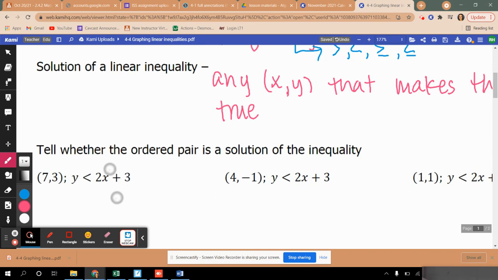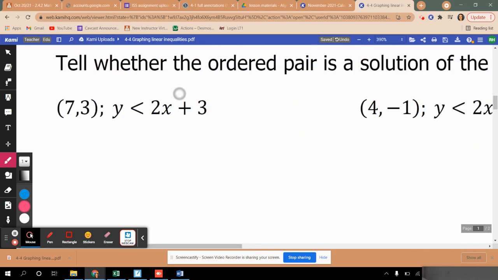What did we do to figure out whether an ordered pair was a solution to our system of equations? Right, we plugged it in. So let's do that same process. This is our x, this is our y, and then this is our function.